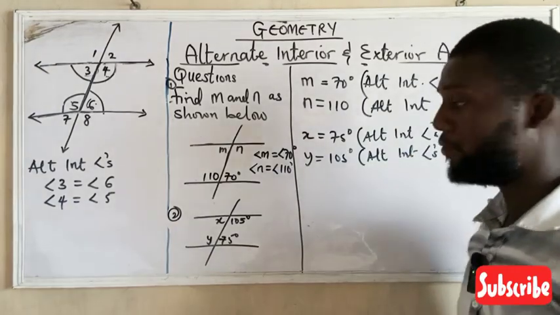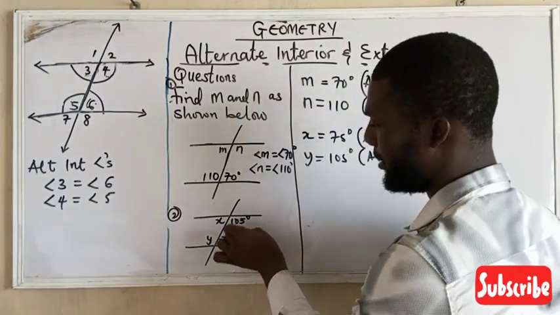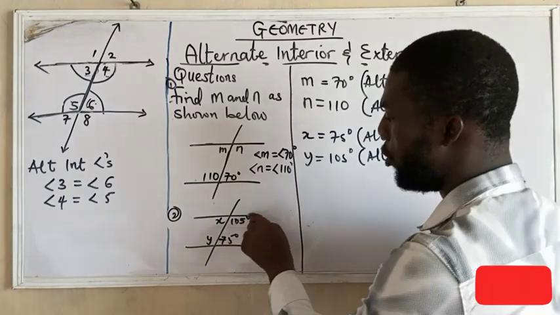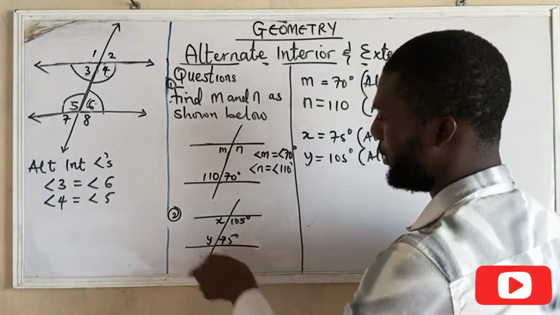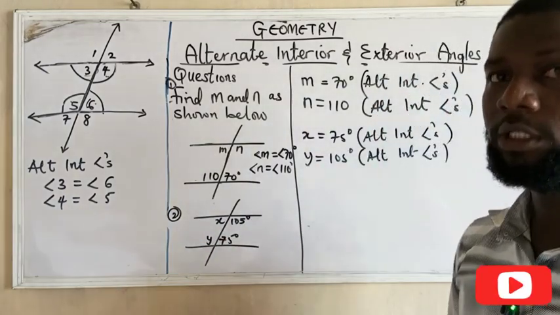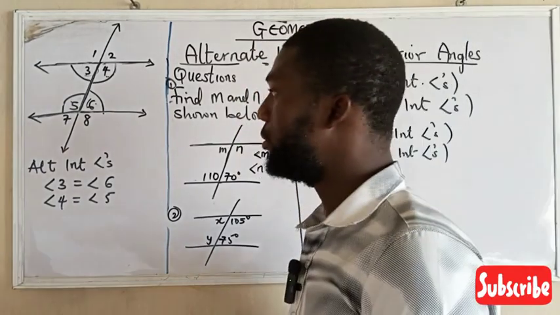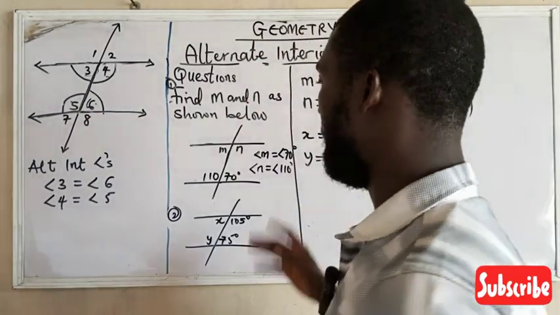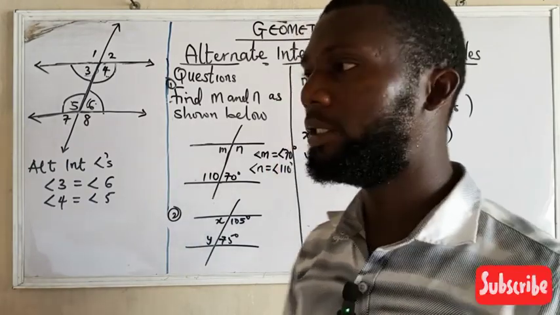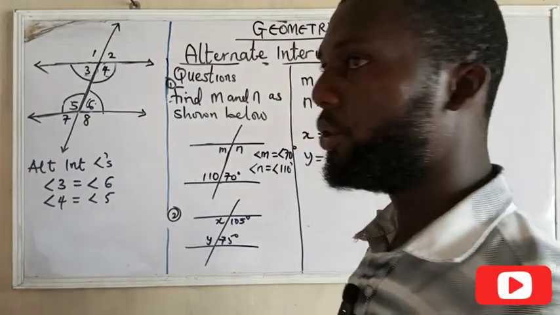These are the things you should look for. The angles are inside, interior, and they are opposite to themselves, alternate. So if you can consider these two concepts that I've just mentioned, I don't think you will have problem in finding or locating alternate interior angles.